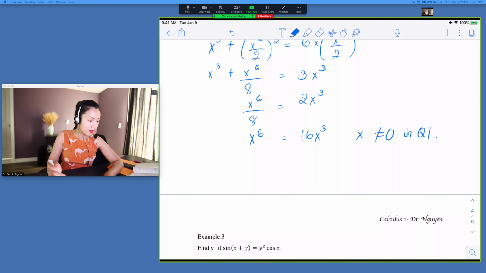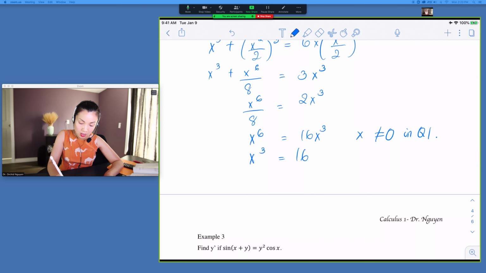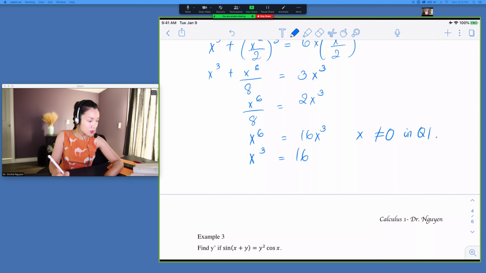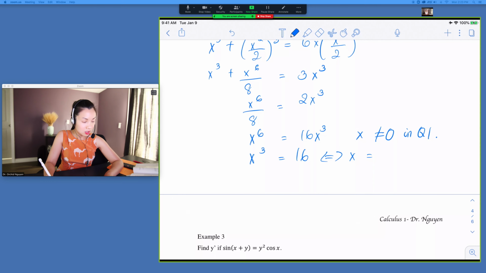So what we have is x cubed over x cubed, x cubed equals 16. All right. Now, of course, we can just take the cube root of those. So if I take the cube root, I end up with x equals 16 to the 1/3, which is 2 to the 4/3.